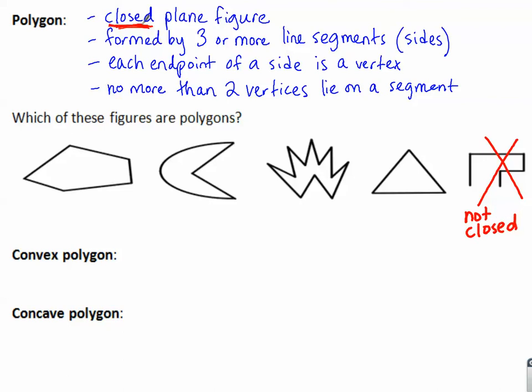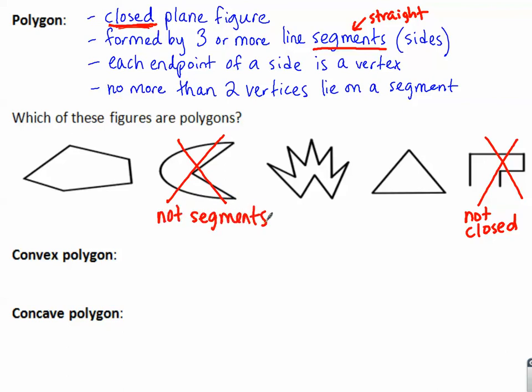Formed by 3 or more line segments. So segments, we want to think of not curvy, straight. Segments are straight, not curvy. So of these pictures that follow, this one is not made up of segments.